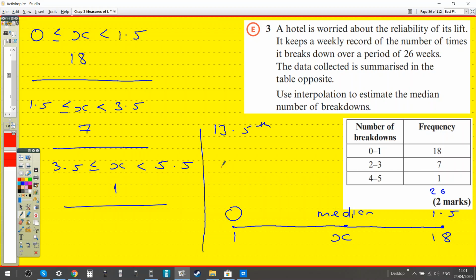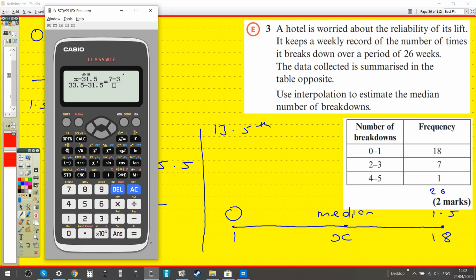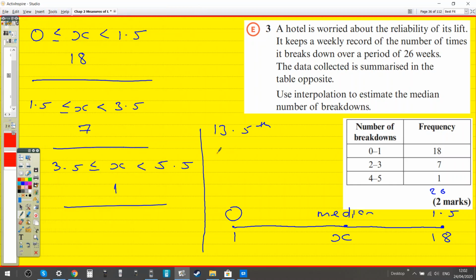Okay. So I'll try the formula. And so here I need to do x minus, do I need to do x minus 0 over 1.5 minus 0? 1.5 minus 0. And, yeah.